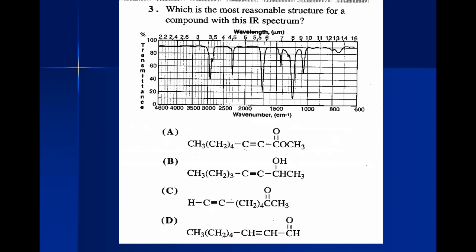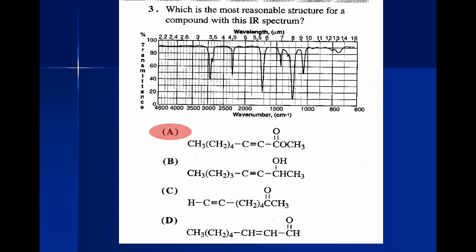Can we really distinguish those without a chart? Probably not. But those carbon-carbon triple bonds are different. What's different about them? One has another carbon chain attached to it, and the other one has a... Do I see anything in the hydrogen region for an alkyne? No. So what's my answer? That's right.